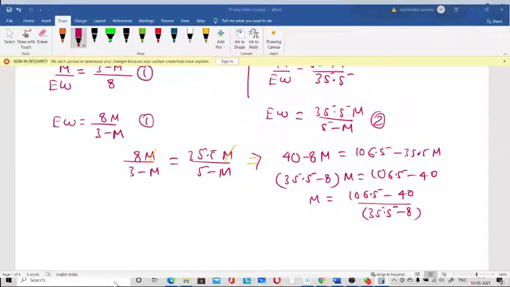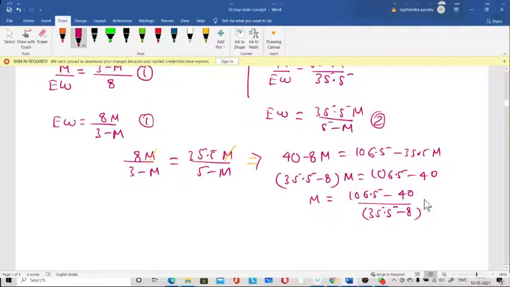So 2.41. 66.5 it is. Okay. What is the answer? 2.41. Yes.